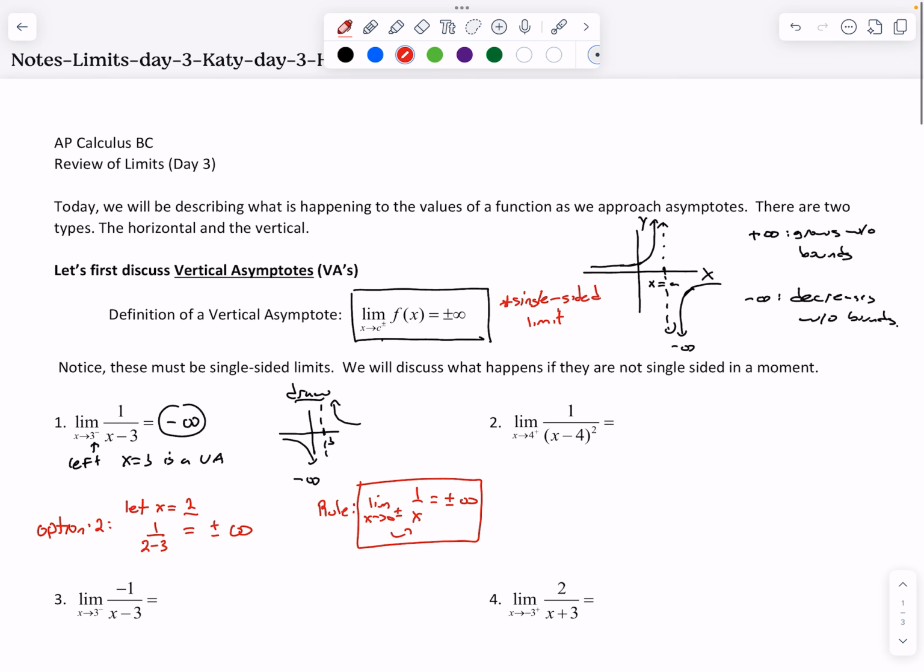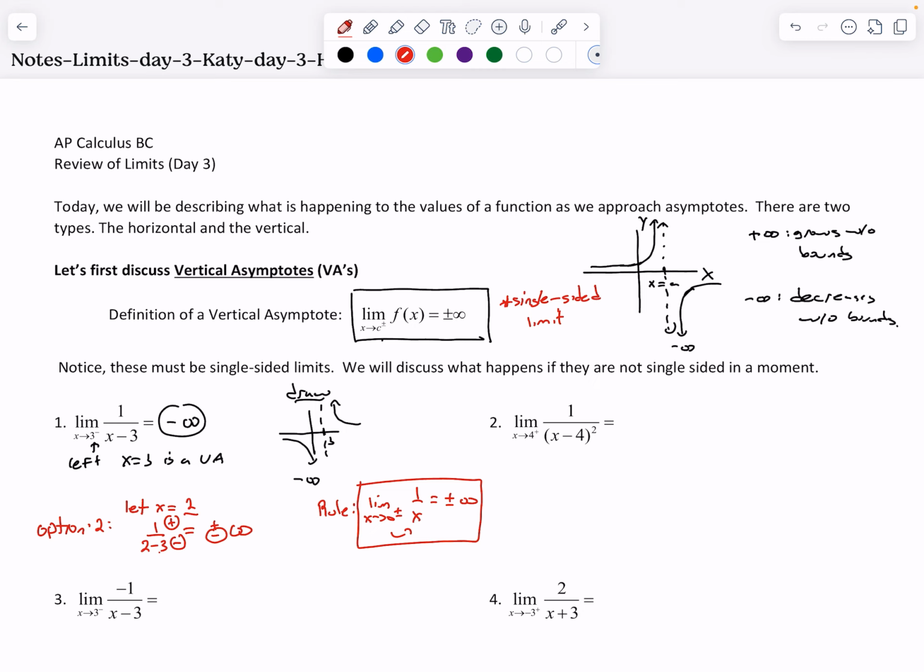Well, 2 is to the left of 3, and this 2 minus 3 is a negative. So I know that the top is going to be positive, but the bottom is going to be negative. So what's a positive divided by a negative? A negative. And there it is. So once again, we get negative infinity.